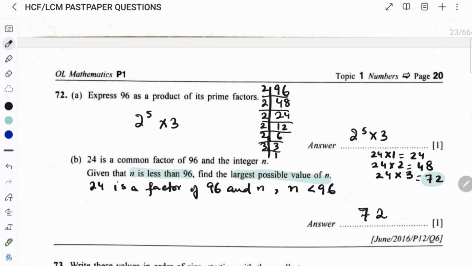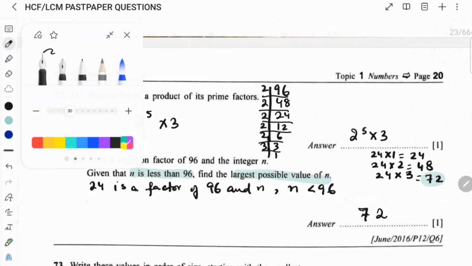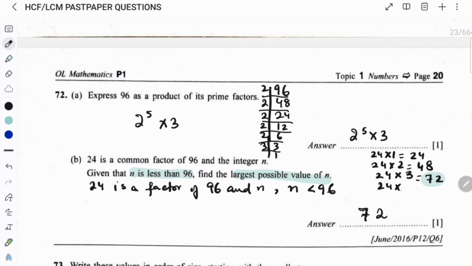If I try 24 times 4, then we get 96. So that's why 72 is the largest multiple of 24 that is less than 96. All right, so 72 is the right answer for this part.